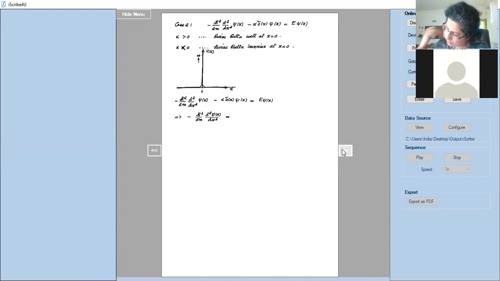So you will have essentially your alpha delta x plus E psi of x, correct? So let's now just do this. d²psi/dx² is equal to minus 2m by ħ², I'm just writing it as alpha delta x plus E psi of x.